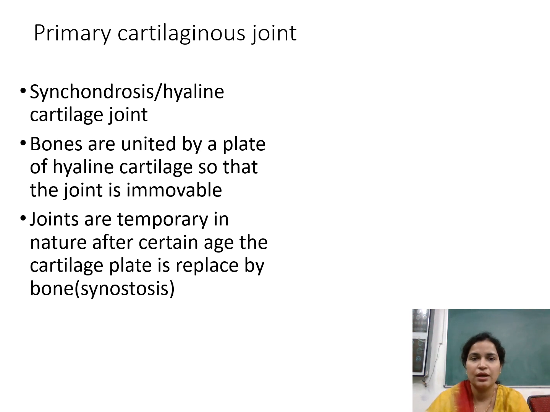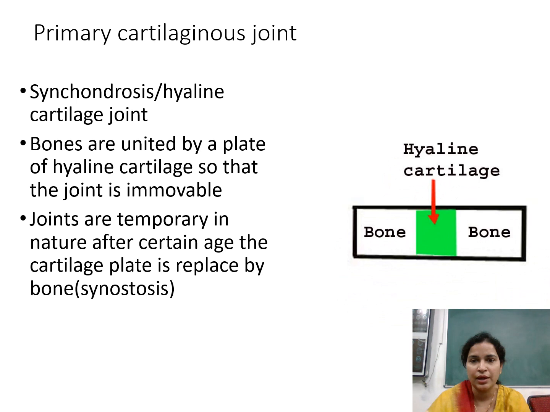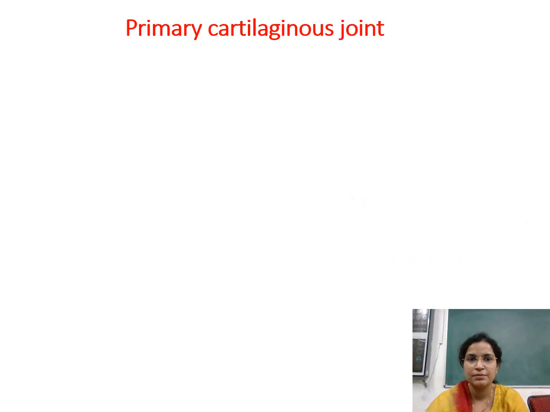Primary cartilaginous joints are temporary in nature. After a certain age, the cartilage plate is replaced by bone and synostosis occurs. Hyaline cartilage exists between the two bones. Which are the examples?